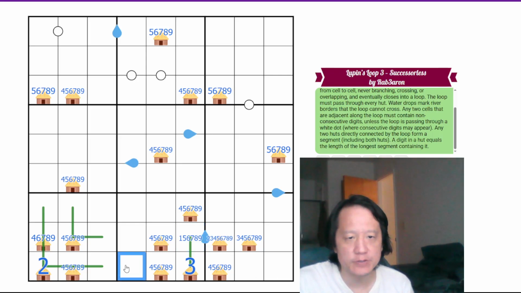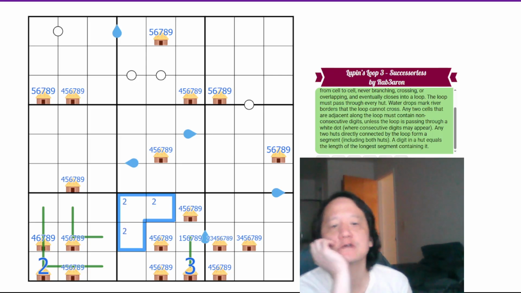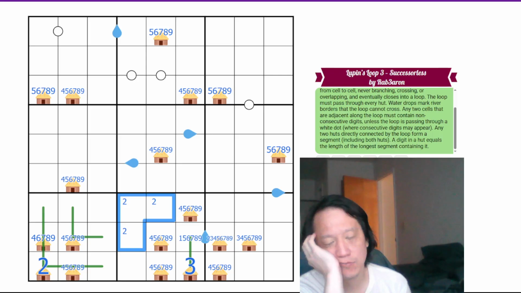This can't be 2. So we know 2 has to be one of these 3 digits there.